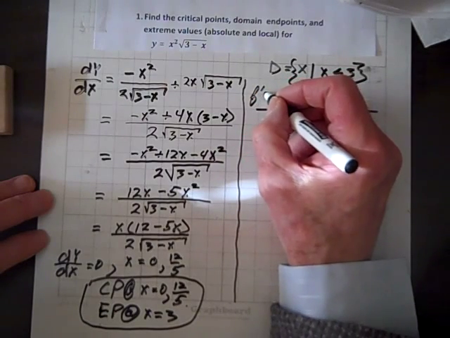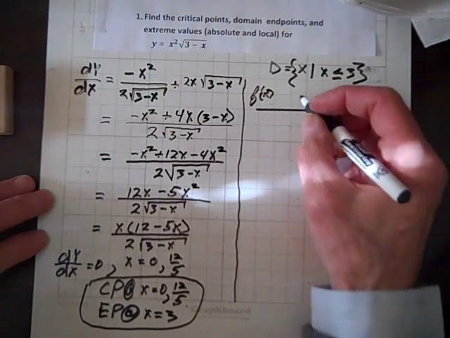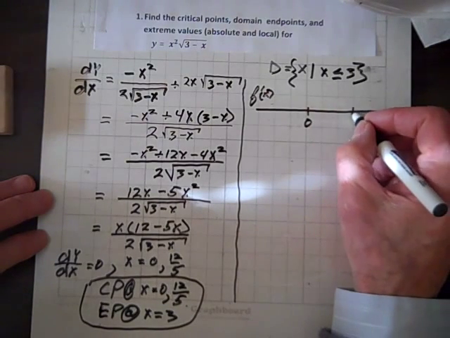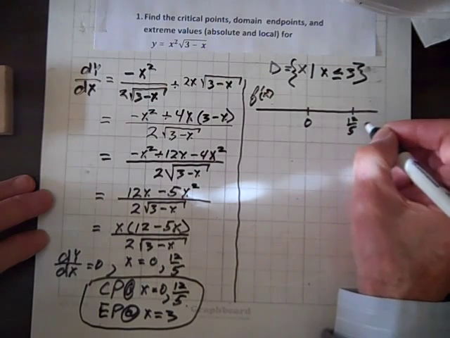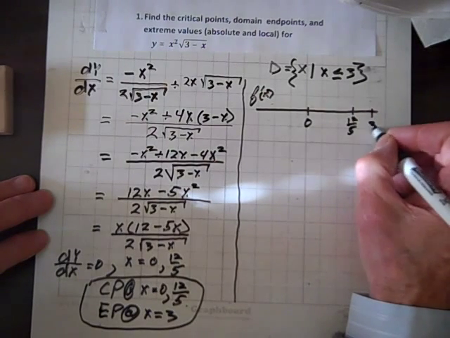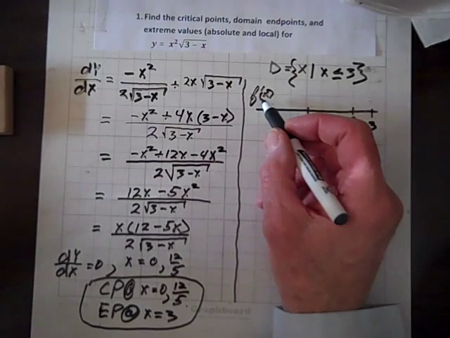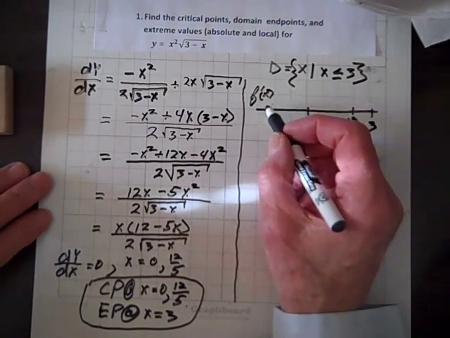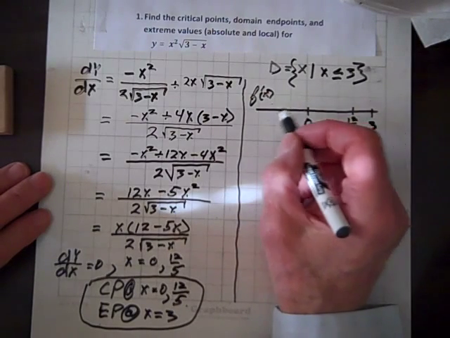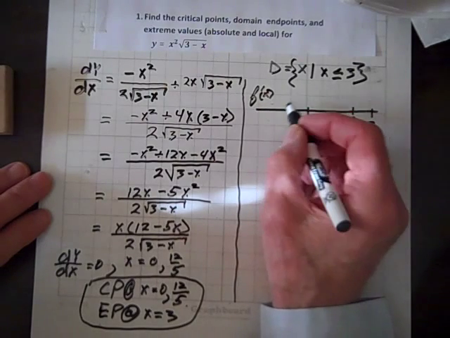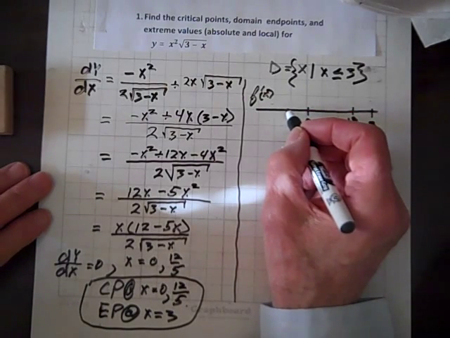So this is f prime of x, and we have a 0 at 0, and we have a 0 at 12/5, and of course I'm going to also put our endpoint of 3 here. Now we're checking out the slope. We want to know what the sign of the slope is in this interval, in this interval, and in this interval.